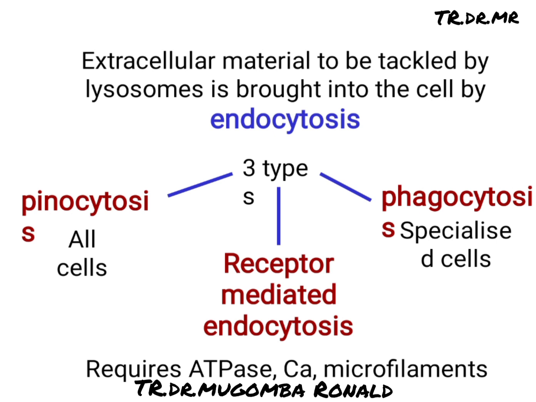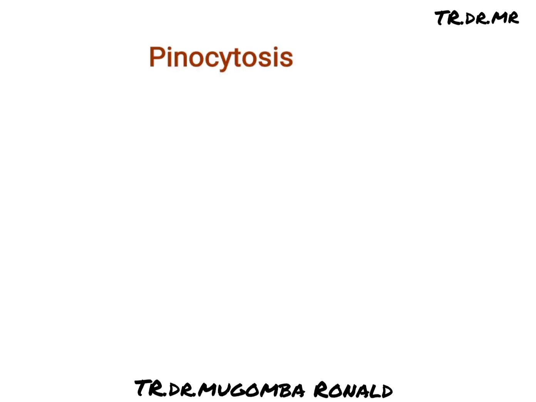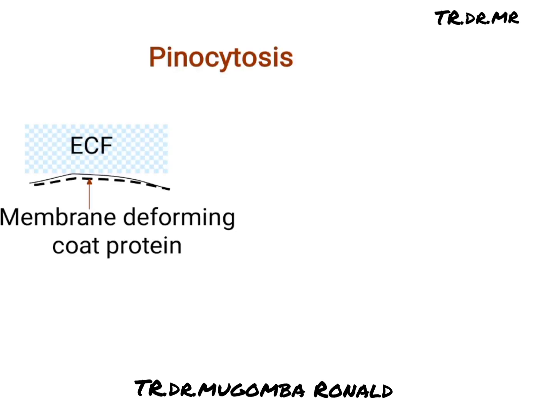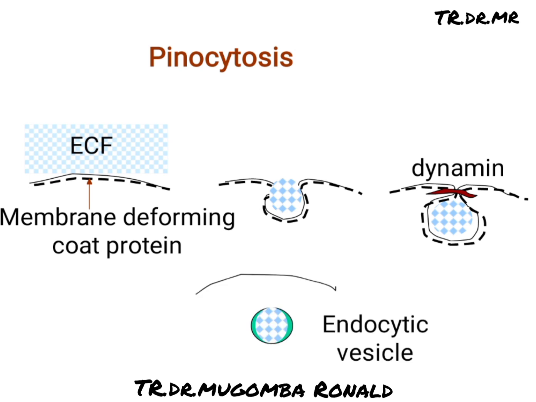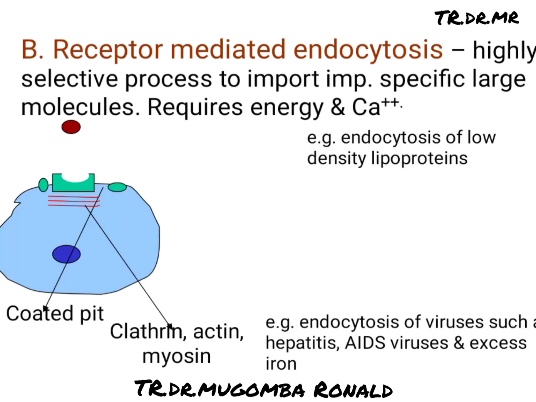Pinocytosis is like drinking, then phagocytosis is like eating. So in pinocytosis, you see the membrane deforming, coat protein. You can see small molecules, an invagination is formed, and the small molecules are then taken up. That is pinocytosis. An endocytic vesicle is formed, and so on and so forth.